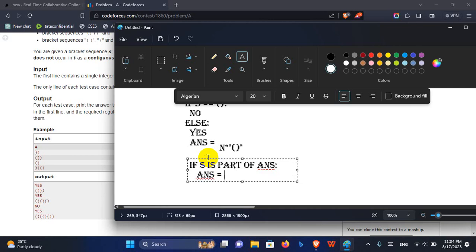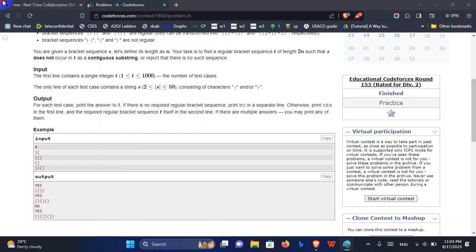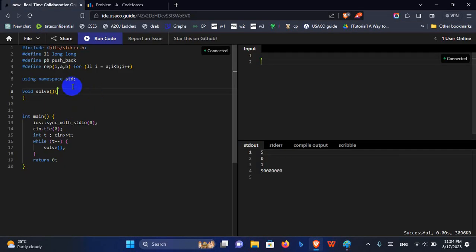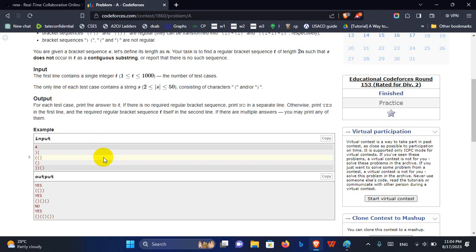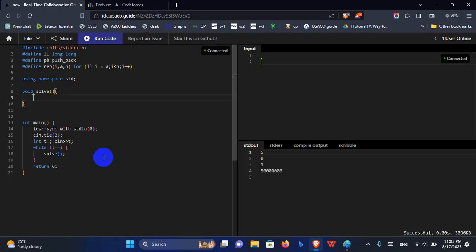The answer would be n times opening bracket plus n times closing bracket. So that's it, and we would get our A as accepted.